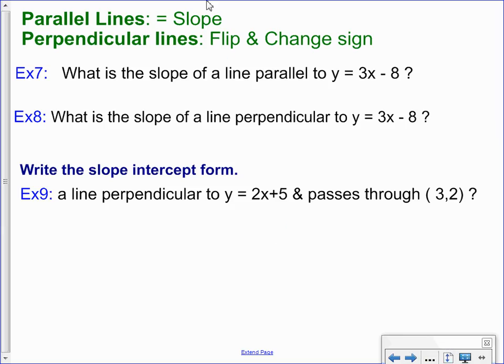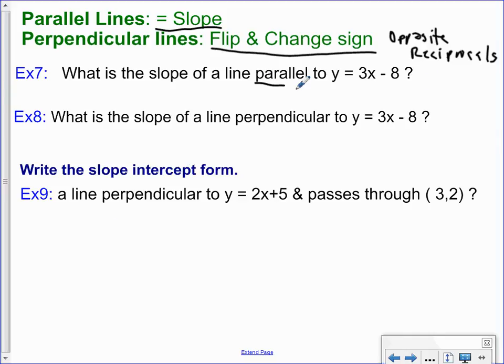Here we go. When 2 lines are parallel, they have the same slope. Okay? So their slopes are the same. Perpendicular lines, you just take the slope, flip it around, and change the sign, so they are opposite reciprocals.